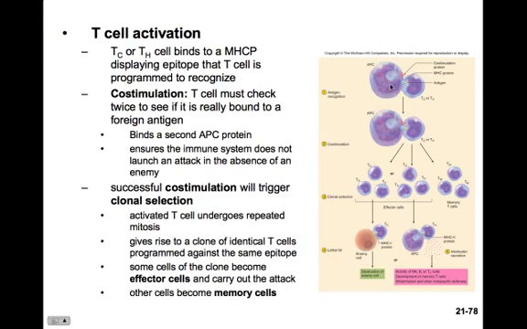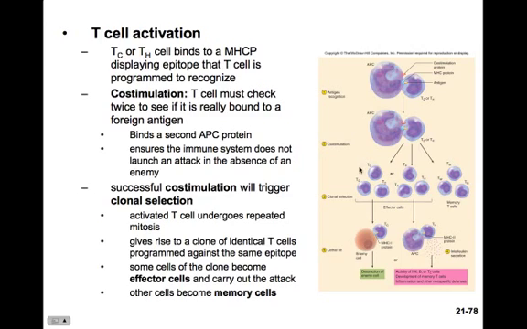As they travel through the cytoplasm, they pick up both self-antigens and non-self-antigens if they are MHC1 proteins, or only non-self-antigens if they're MHC2 proteins. After they've done that, co-stimulation will cause clonal selection and produce many, many more cytotoxic or T helper cells, as well as some memory T cells.